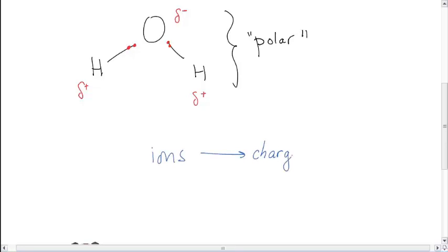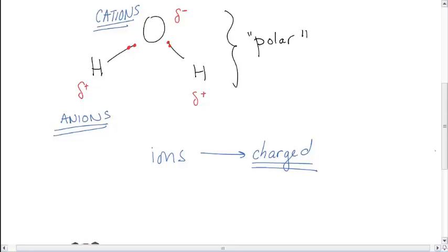So ions really like hanging out in water, because the anions, the negative ions, can go hang out near the slightly positive hydrogen, and the cations can go hang out near the slightly negative oxygen. And that's why if you put salt in water, you see the salt disappear. It dissolves. We call that dissolution.